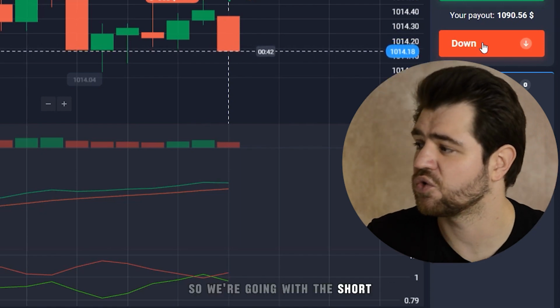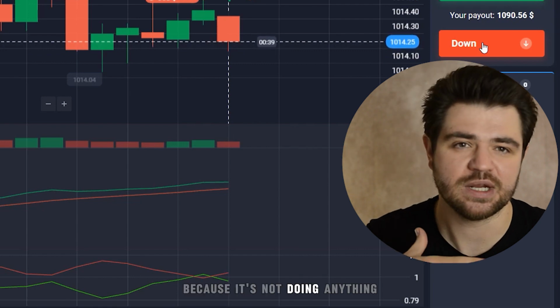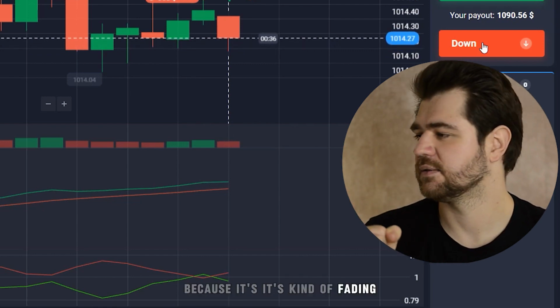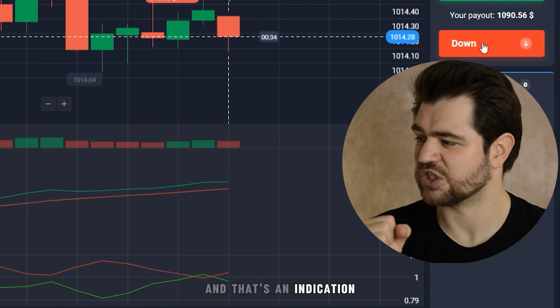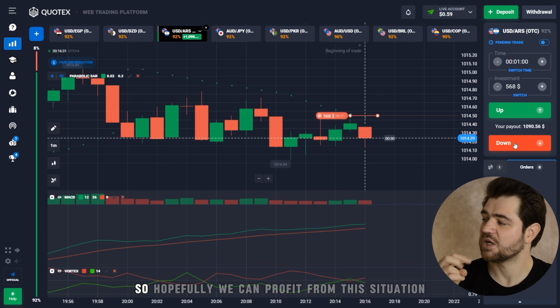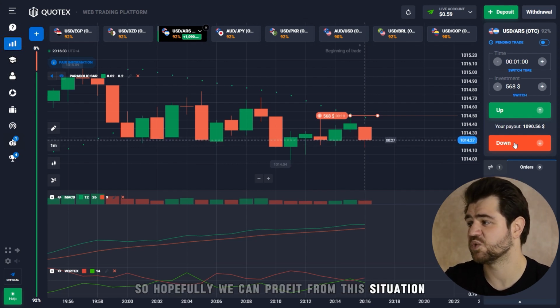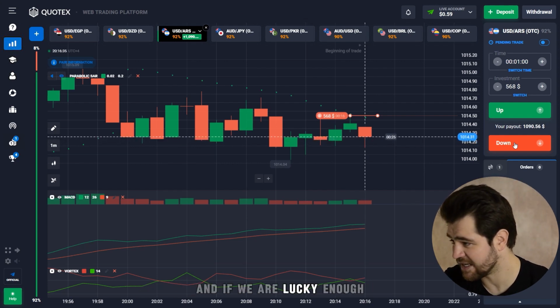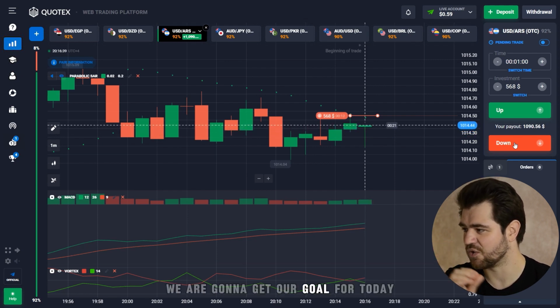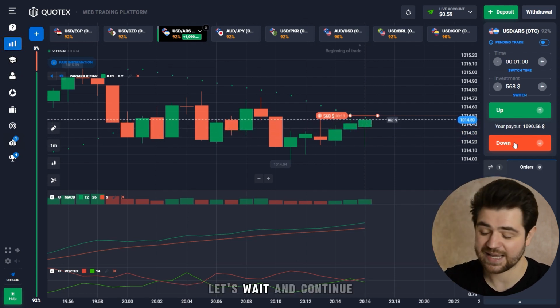So we're going with the short because it's not doing anything, because it's kind of fading, and that's an indication that it doesn't have enough power yet. So hopefully we can profit from this situation, and if we are lucky enough, we are gonna get our goal for today. Let's wait and continue.